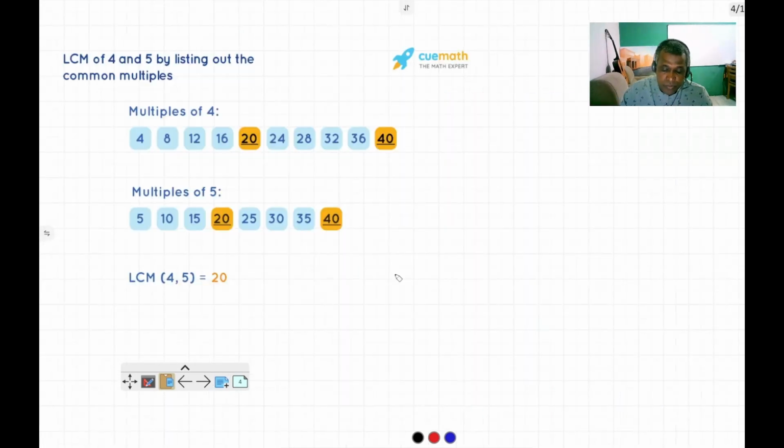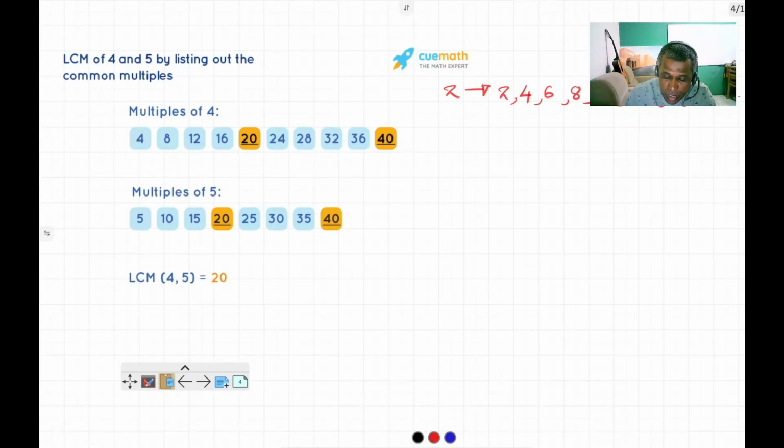The next slide is how we find the multiples and how we find something common for them. Previously I took only one table. Now I am taking two tables. For example, I am writing the 2 table here. Multiples of 2: 2, 4, 6, 8, 10, 12, 14, 16, and so on.